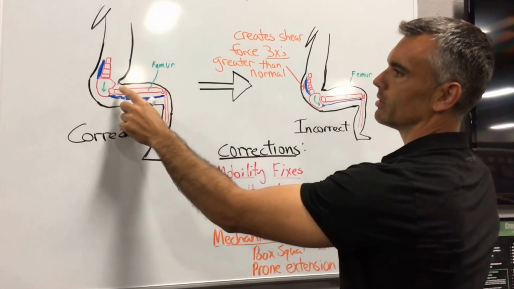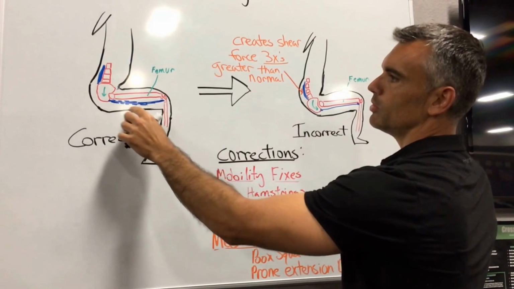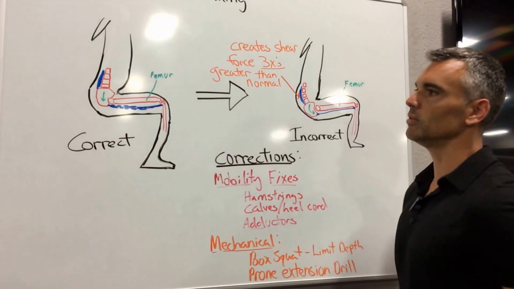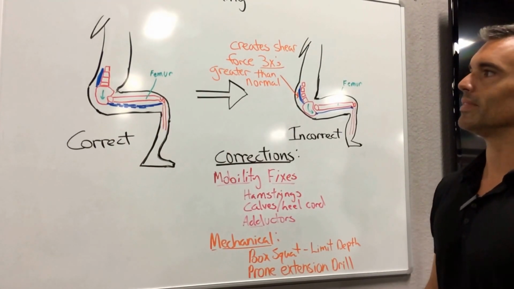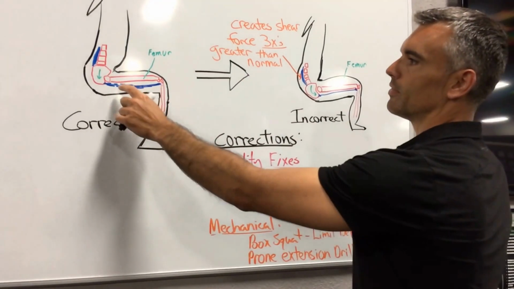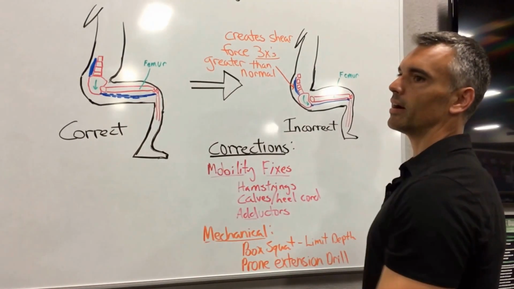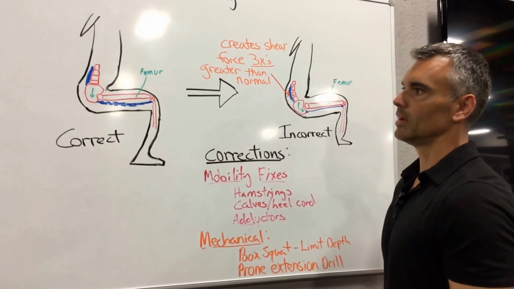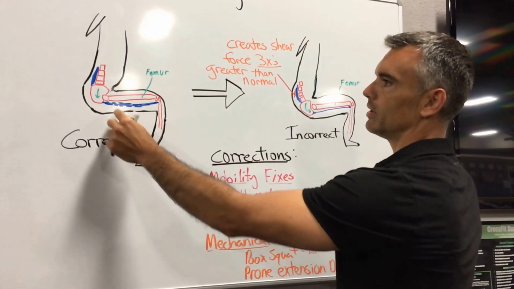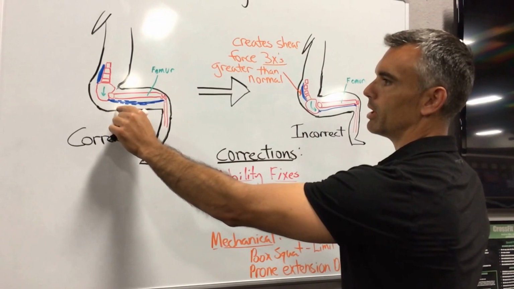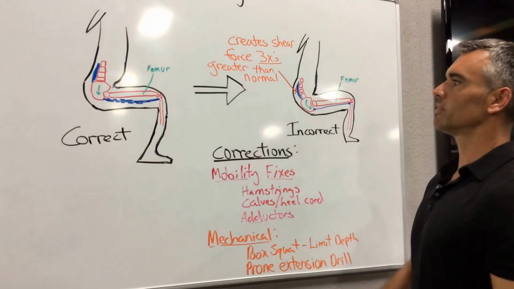So here's your femur, your upper leg bone. The blue here is your hamstrings, and a large percentage of the time the issue with the butt wink is that the person has tight hamstrings. So at some point as they go down, the hamstring will actually pull the pelvis underneath them, which looks like this right here.